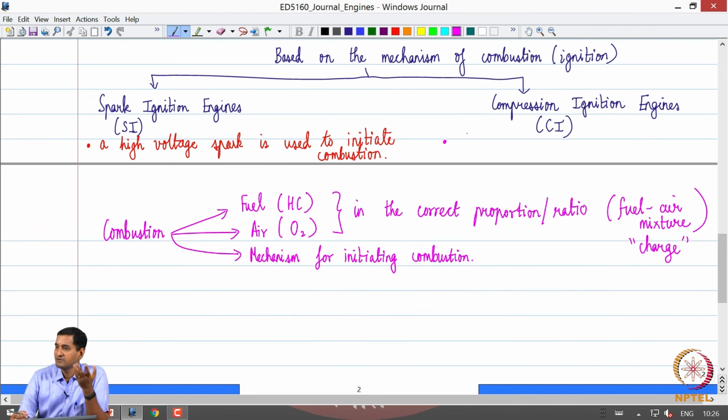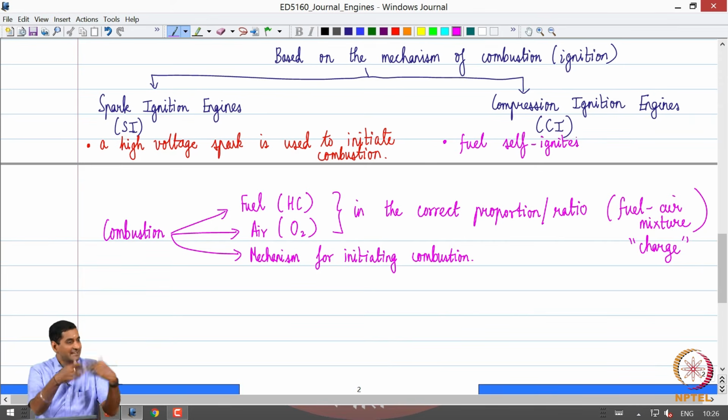Every fuel will have what is called a self ignition temperature, and when you take the fuel to that temperature, it ignites on its own. So, here the fuel self ignites. So, you do not need a spark or any other external mechanism to initiate the combustion process.